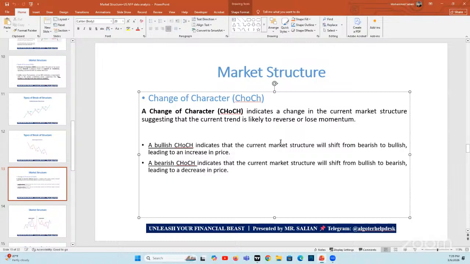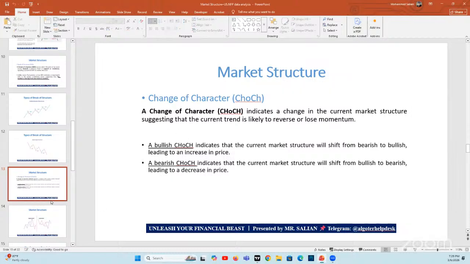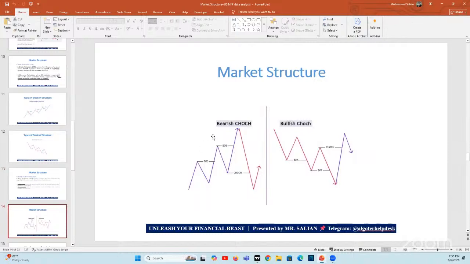So a bullish CHoCH indicates that the current market structure will shift from bearish to bullish. That's called a bullish change of character. A bearish change of character indicates that the current market structure will shift from bullish to bearish. Opposite.